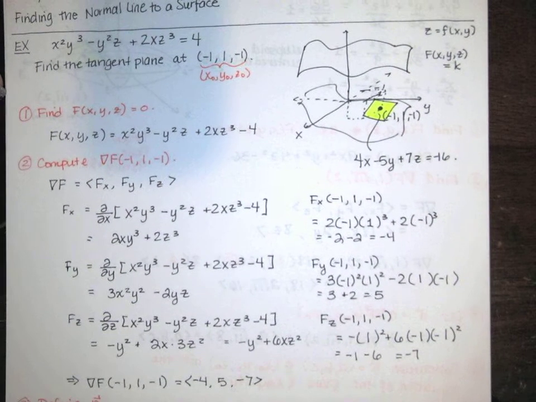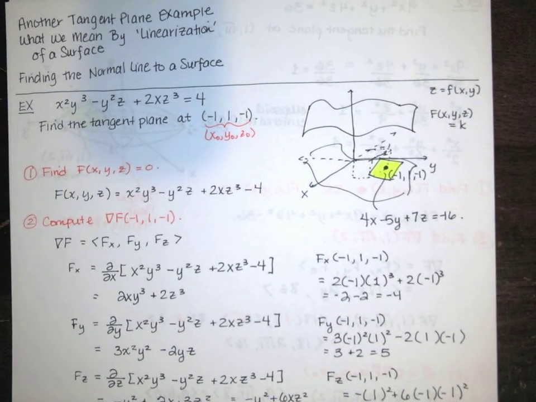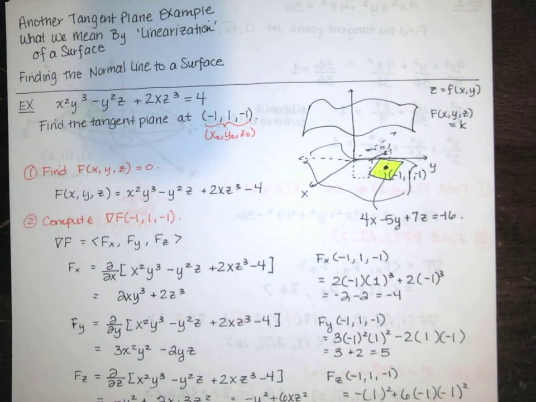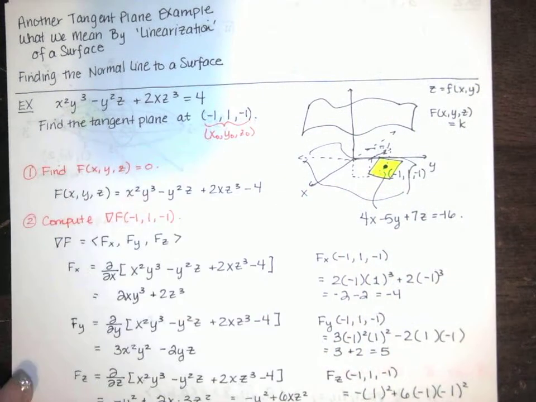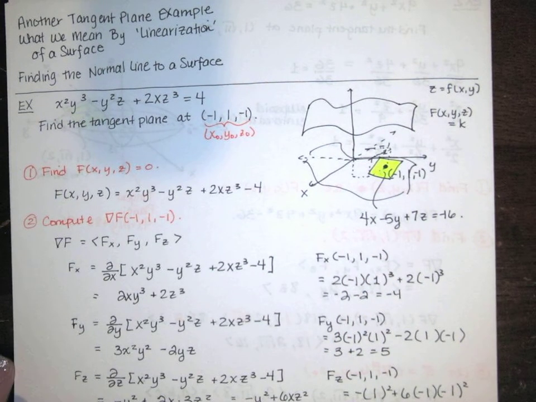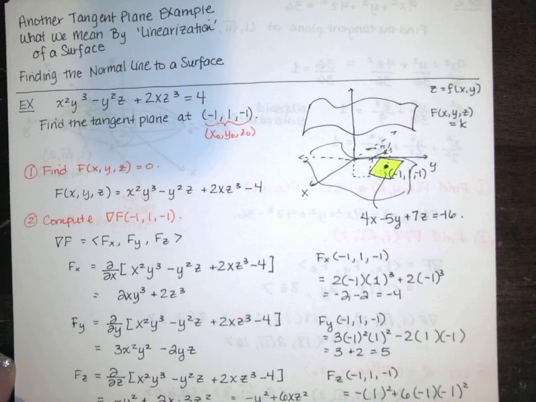Now, you might be asking yourself, okay, what is linearization? Let's talk about what linearization meant in Calculus 1, and then we'll talk about what linearization means in Calculus 3.